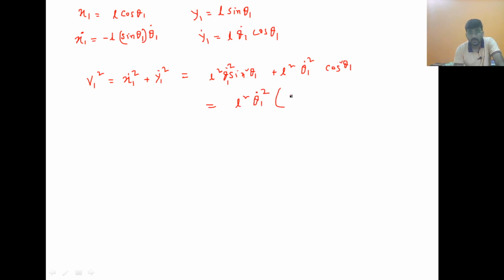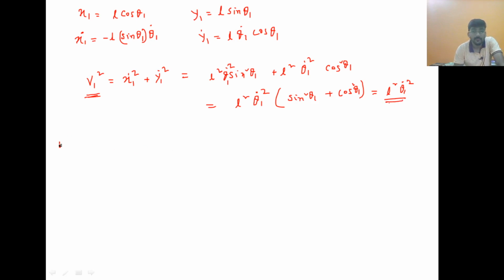So, it will be sin square theta 1 plus cos square theta 1. So, it will be just L square theta 1 dot square. Okay. So, this will be the v1 square. Now, let me find out v2 square. Okay. So, for that purpose, let me write it over: v1 square is nothing but L square theta 1 dot square. So, this is v1 square.